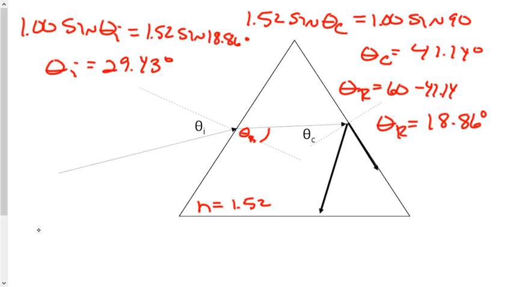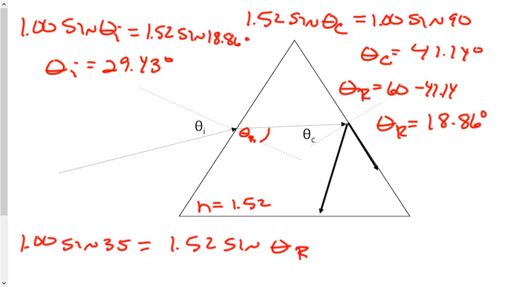So we're going to say 1.00 times the sine of 35 equals 1.52 times the sine of theta refracted. And we're going to see that theta refracted is now equal to 22.17 degrees, because we've increased that angle there.